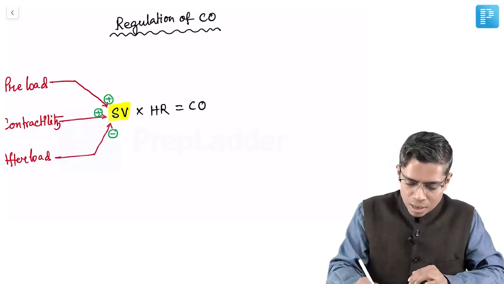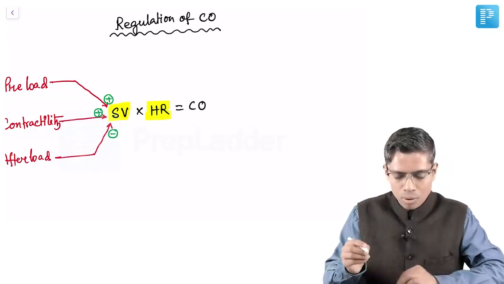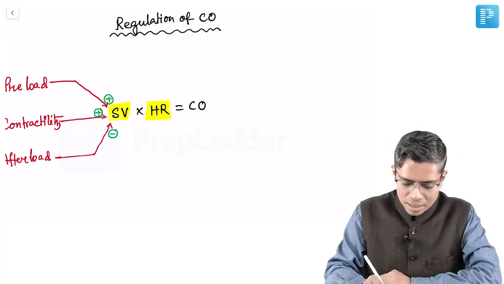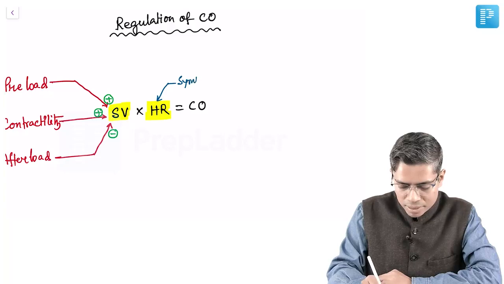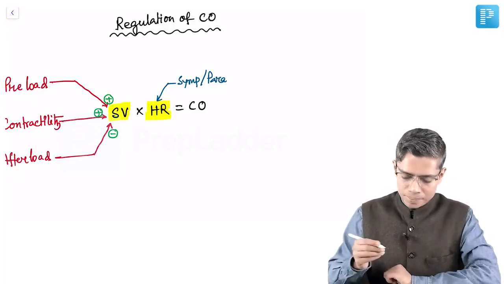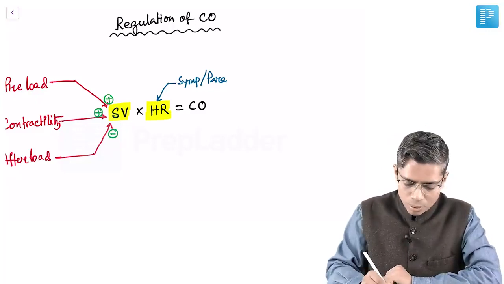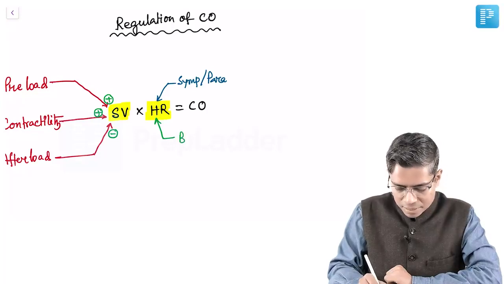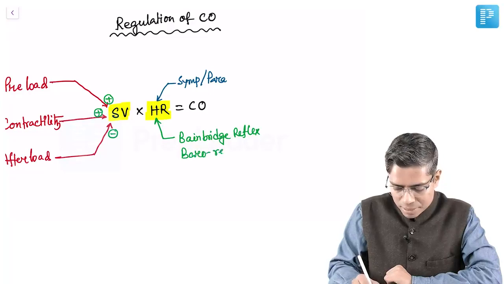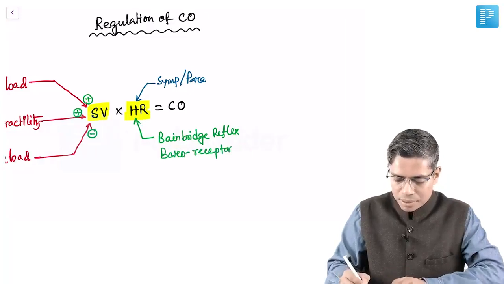But before that, how the heart rate is regulated. We all know that heart rate is under the influence of two systems, that is the sympathetic and parasympathetic system. Dominantly the parasympathetic is going to control, right? Apart from that, we also have to remember two major reflexes, that is the Bainbridge reflex, as well as the baroreceptor reflex.